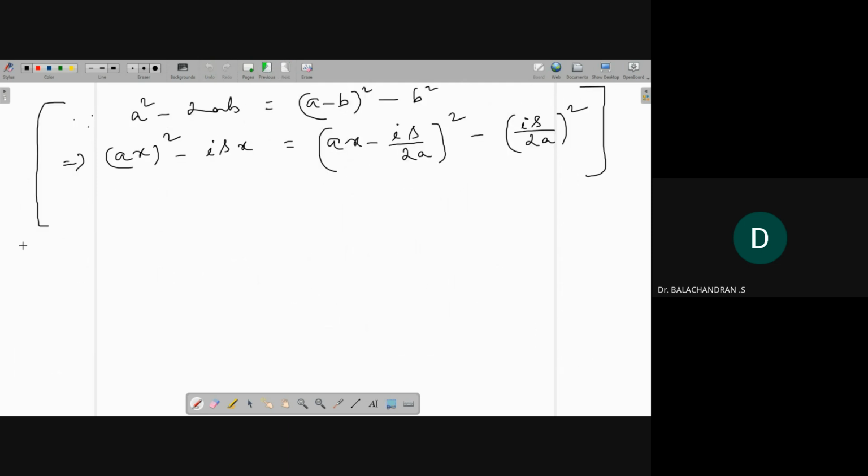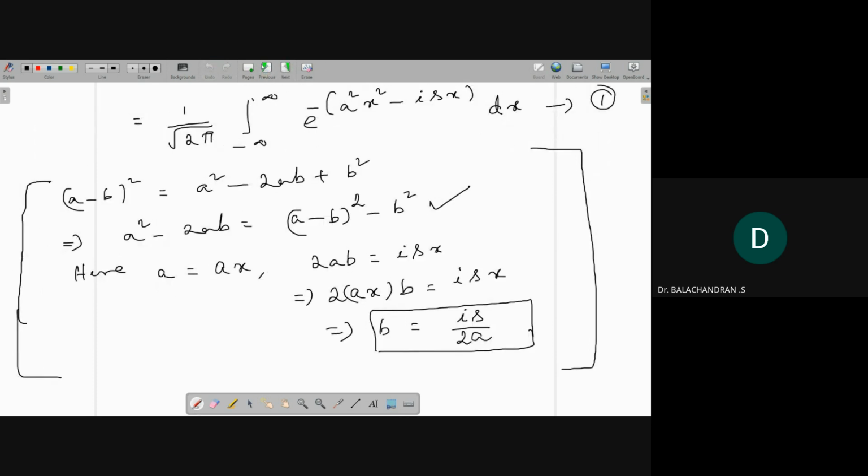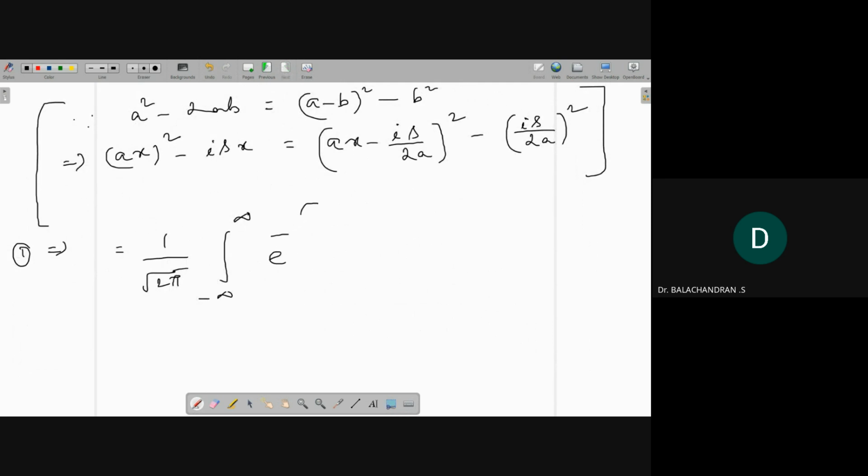So 1 equals 1 by root 2 pi, integral from minus infinity to plus infinity, e power minus, (ax minus is by 2a) whole square minus (is by 2a) whole square, and close this bracket, into dx.